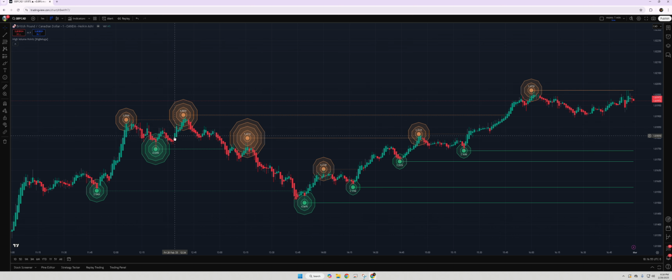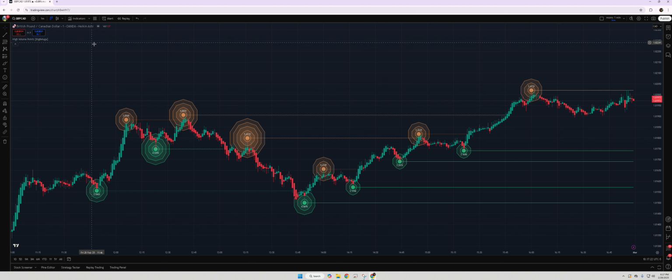This one had three. This one has three. This one has one, two, three, four, five. So there were a whole lot more buyers and sellers involved here. And you can use these lines from old ones as support and resistance lines, so be aware.